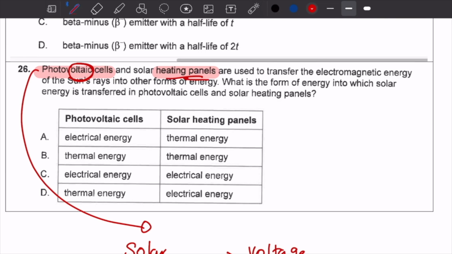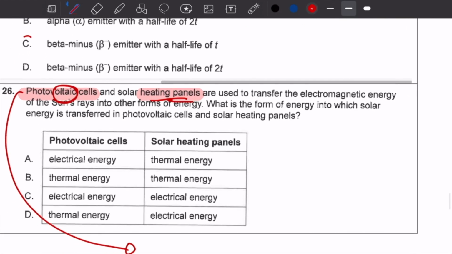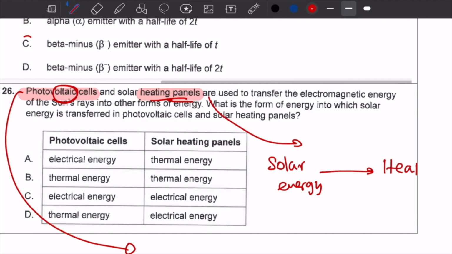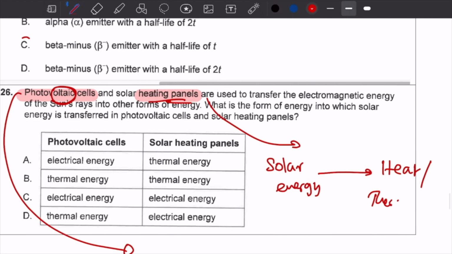And heating panels, obviously it gives away the answer. Heating panels change solar energy, basically IR, into heat, or you can call it thermal energy.